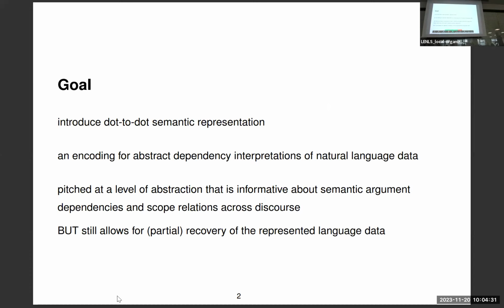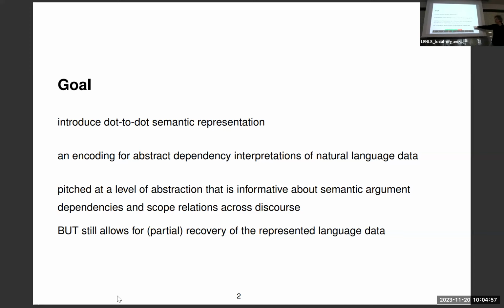So I want to introduce this encoding of abstract dependency interpretations of natural language data. It's pitched at a level of abstraction that I want to be informative about semantic argument dependencies and scope relations across discourse. So this is really the goal: to represent this information.